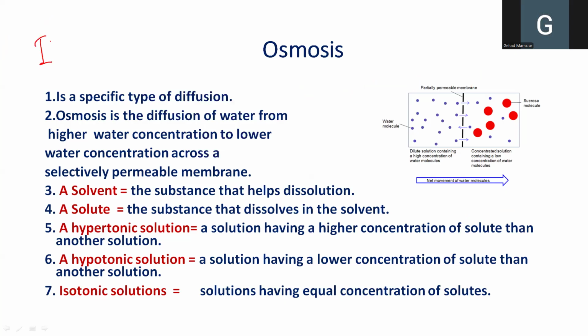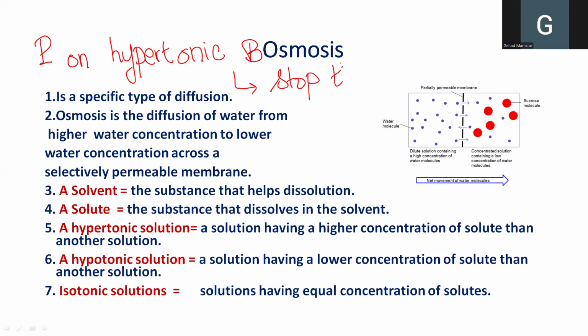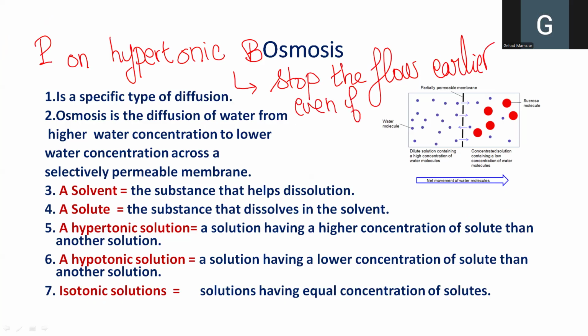If you apply pressure on the hypertonic side, which is here side B, you will stop the flow earlier than expected, even if equilibrium has not yet been reached.